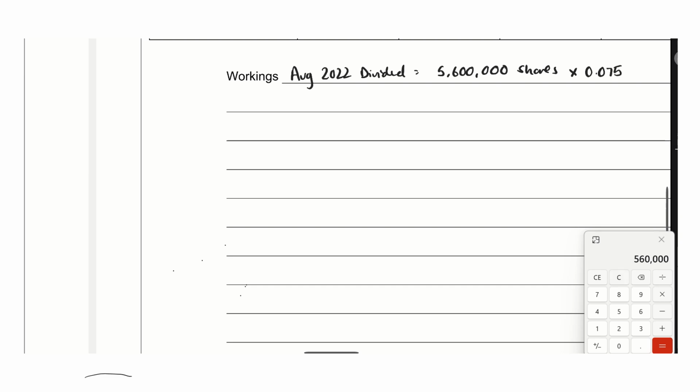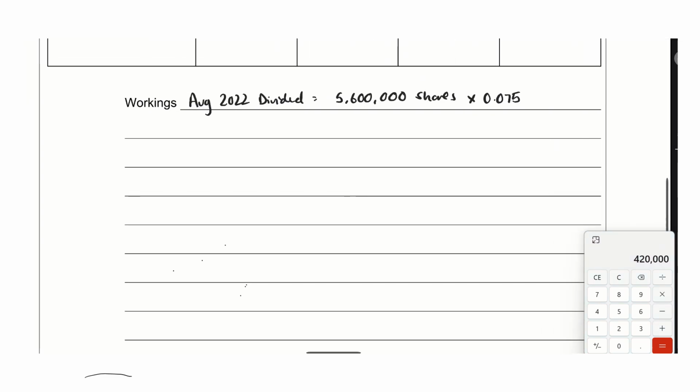Let's put that in the calculator. Times 0.075. So that means we have to pay a dividend of 420,000. We're going to keep that there. We're not going to put it in the statement of change in equity just yet. We'll do that at the end because we've got a few other dividends to look at.